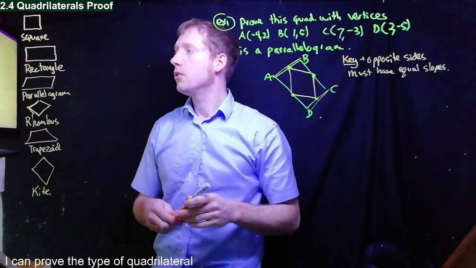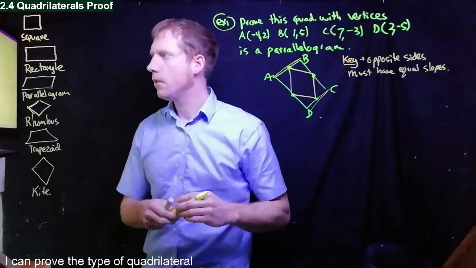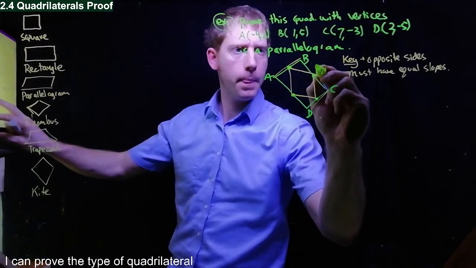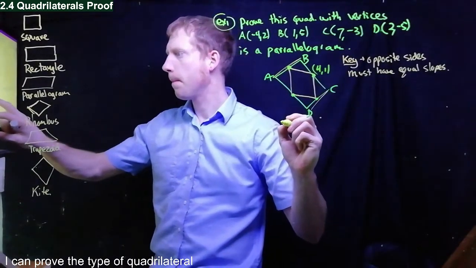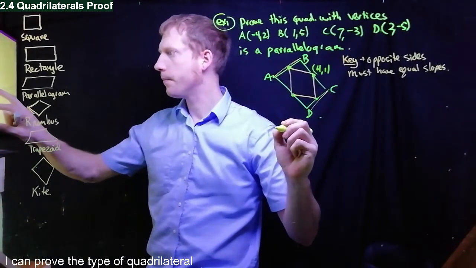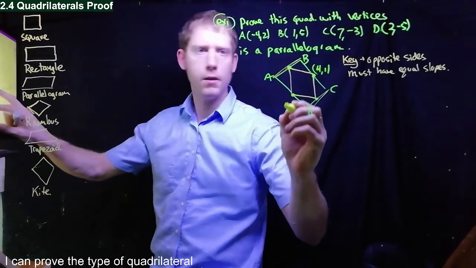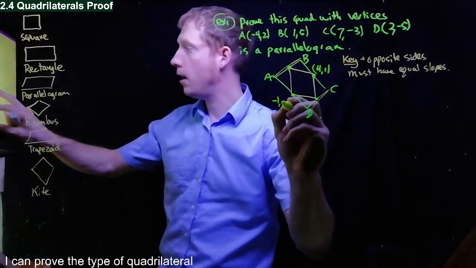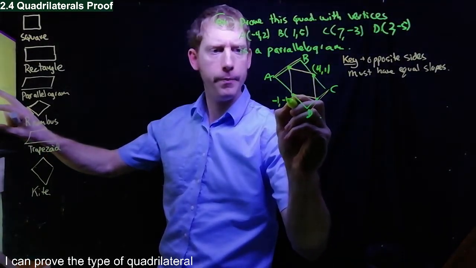So let's say that my vertices here is 4, 1. And this one's -1, -1.5.